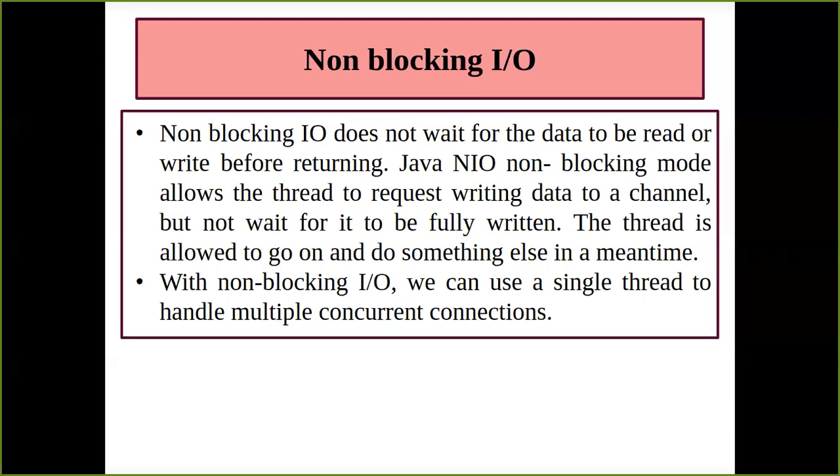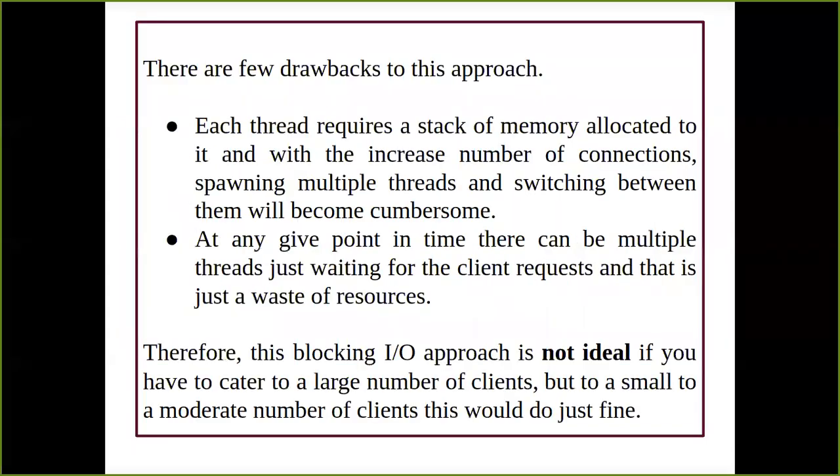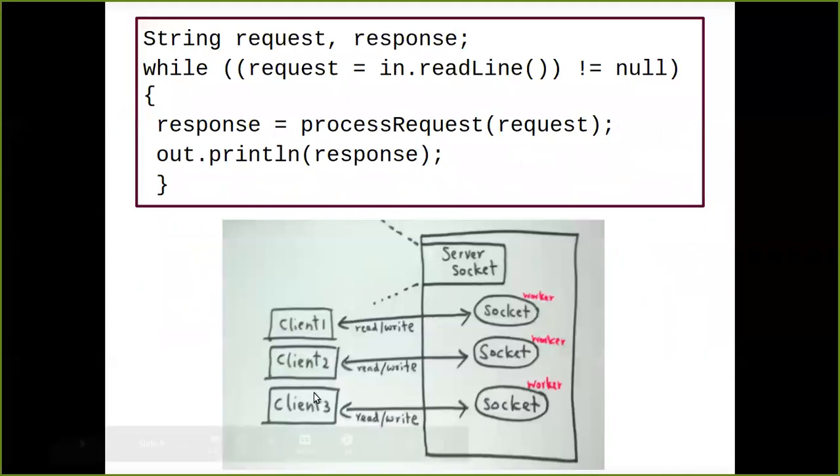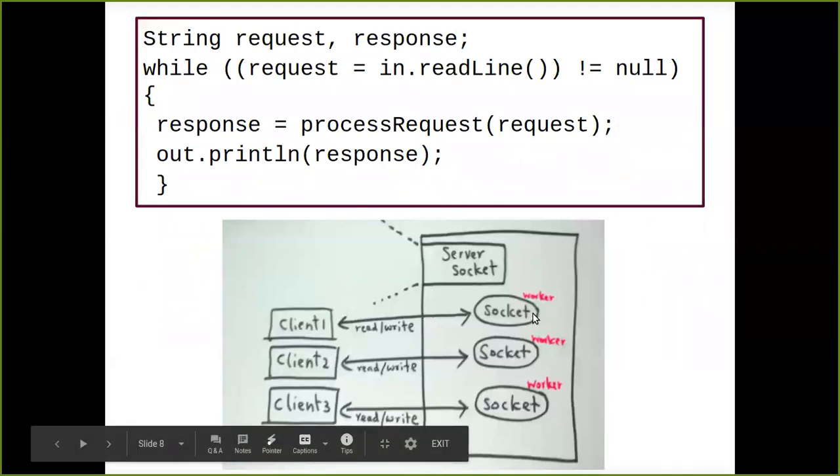Now here you have to understand what we have seen in this diagram: for one client we have one socket. Non-blocking IO is going to use some other technology available, where only one thing is responsible for handling multiple requests.